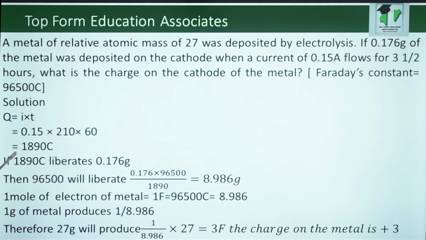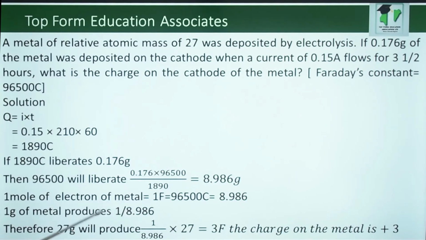If 1,890 coulombs liberates 0.176 gram of the metal, then 96,500 will liberate 0.176 times 96,500 divided by 1,890, which will give us 8.986 gram. 1 mole of electron of metal is equal to 1 F is equal to 96,500 C is equal to 8.986 gram. 1 gram of metal produces 1 divided by 8.986.